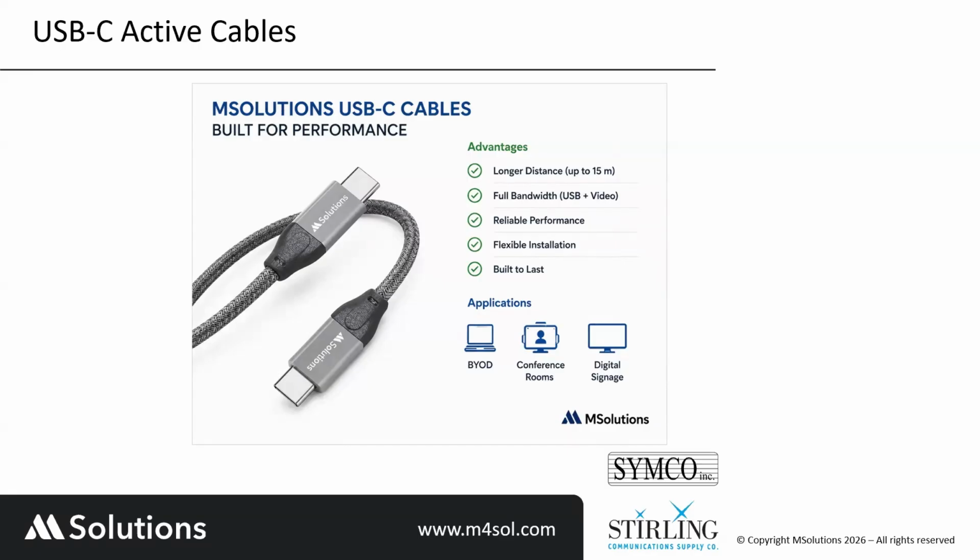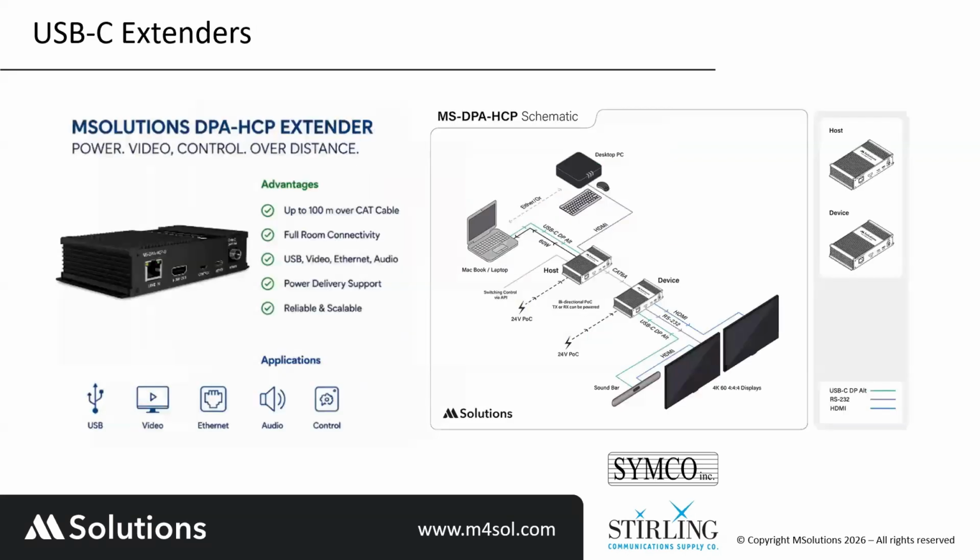We can reach 15 meters without degradation in the performance. And this is what makes them ideal for medium range USB-C installation. This is what the USB-C active cables are targeting.